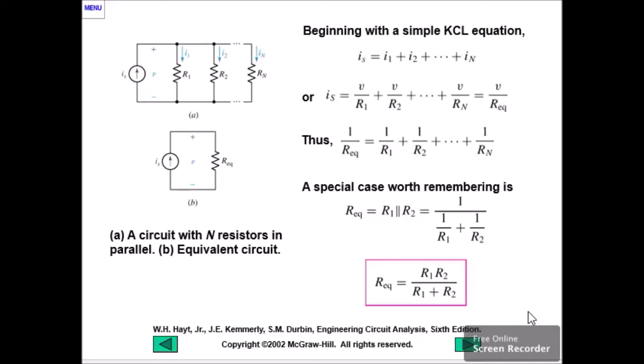And then, next is kapag mayroong mga series resistor, pwede mong i-combine, i-add mo lang lahat. Next, kapag may mga parallel na resistor, i-parallel mo lang. Okay, ang formula, kapag dalawa lang, that is the product over the sum. Pero pag more than 2 na, pwede mo nang gamitin yung 1 over R equivalent is equal to 1 over R1 plus 1 over R2 plus 1 over R3 and so on.